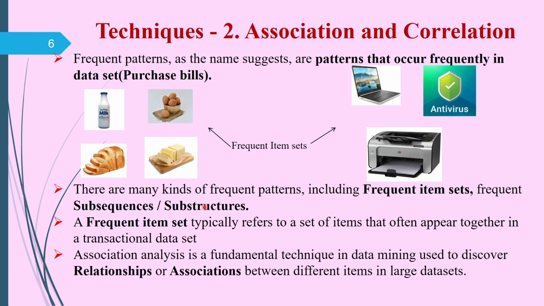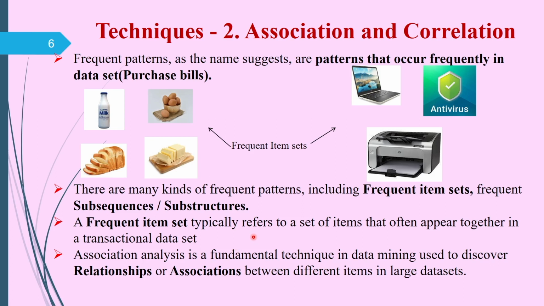So there are many different kinds of frequent patterns, called frequent item sets, frequent subsequences, or substructures, which will be available in every market basket. A frequent item set typically refers to a set of items that often appear together in a transactional data set.